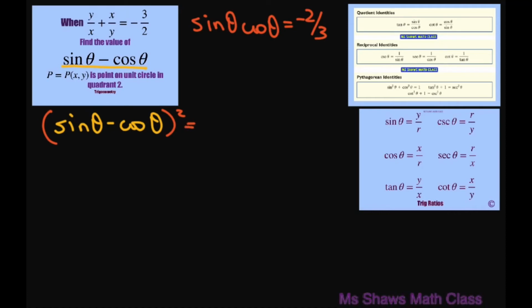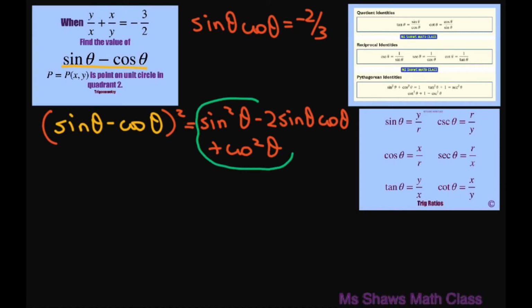So when I expand this, I'm going to get sine squared of theta minus 2 sine theta cosine theta plus cosine squared of theta. Now these two right here, when you add these, that gives you 1. So this is going to equal 1 minus 2 sine of theta times cosine of theta. Again, using my Pythagorean identity here.